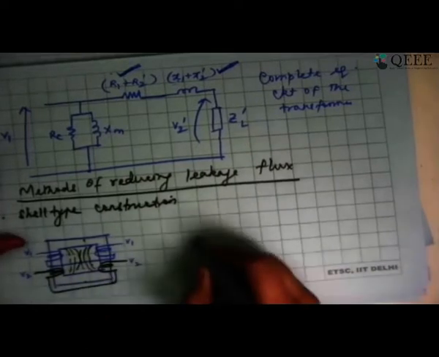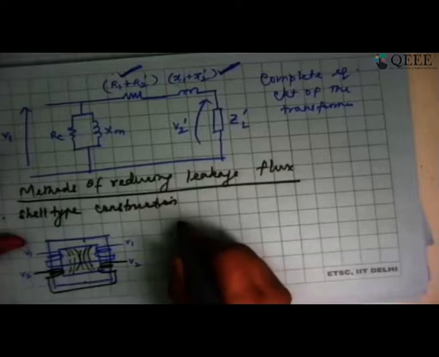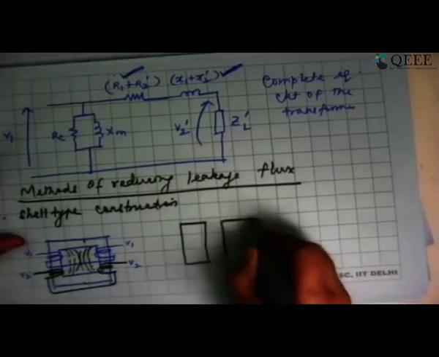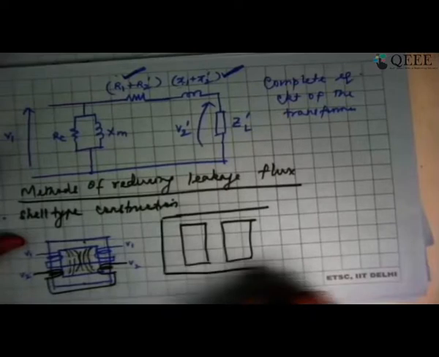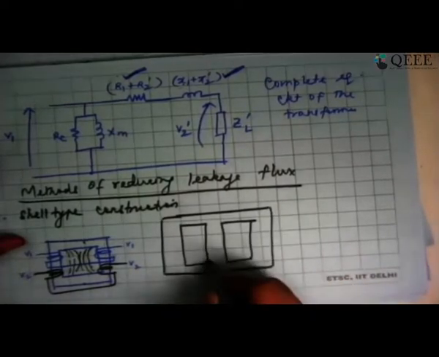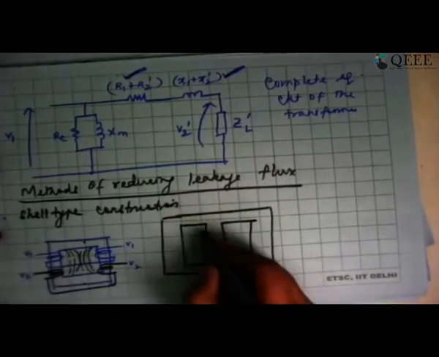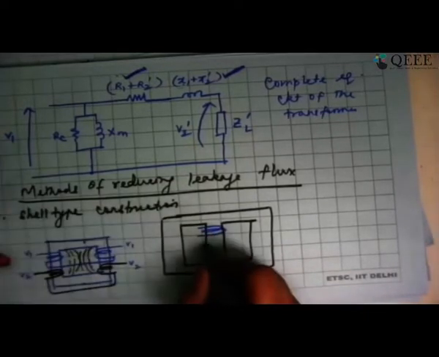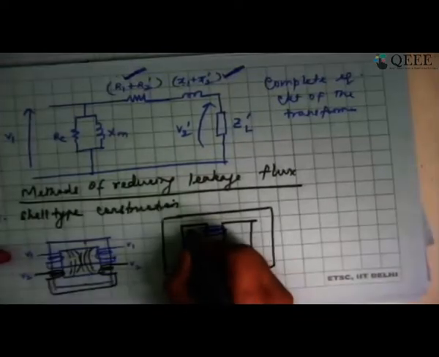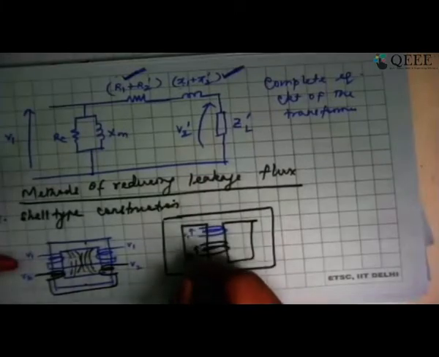Rather than that, if I have a shell type construction, let me show it. I'm going to have it somewhat like this. This is what we showed as shell type construction. The primary is going to be here, and the secondary is going to be here. I'm going to apply V1 here and tap V2 from here.